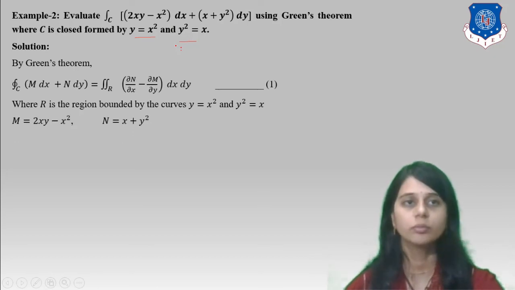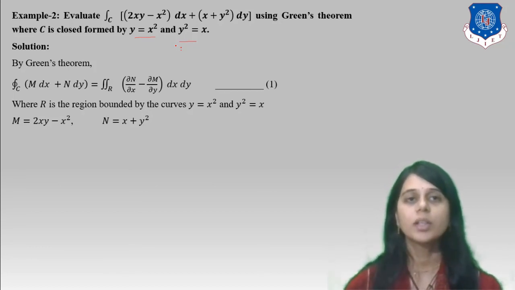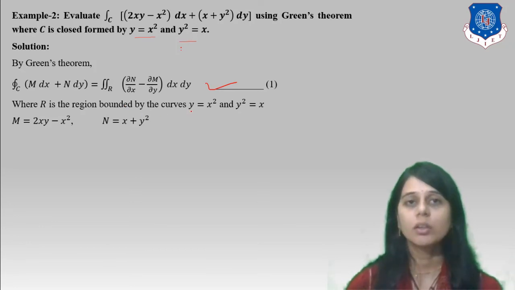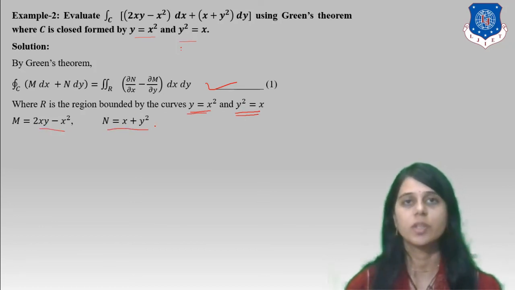By Green's theorem, the line integral of M dx + N dy equals the double integral over region R of (∂N/∂x − ∂M/∂y) dx dy. This is the statement of Green's theorem. The bounded region curves are y = x² and y² = x. Now M is 2xy − x² and N is x + y².